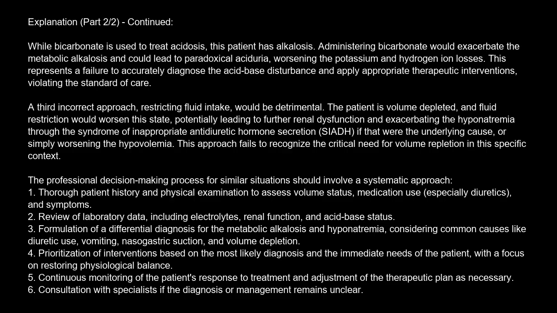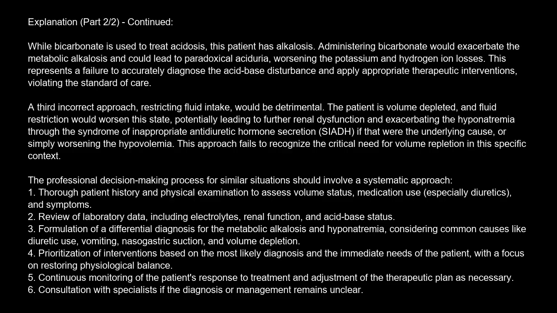The professional decision-making process for similar situations should involve a systematic approach. 1. Thorough patient history and physical examination to assess volume status, medication use, especially diuretics, and symptoms. 2. Review of laboratory data including electrolytes, renal function, and acid-base status. 3. Formulation of a differential diagnosis for the metabolic alkalosis and hyponatremia, considering common causes like diuretic use, vomiting, nasogastric suction, and volume depletion. 4.